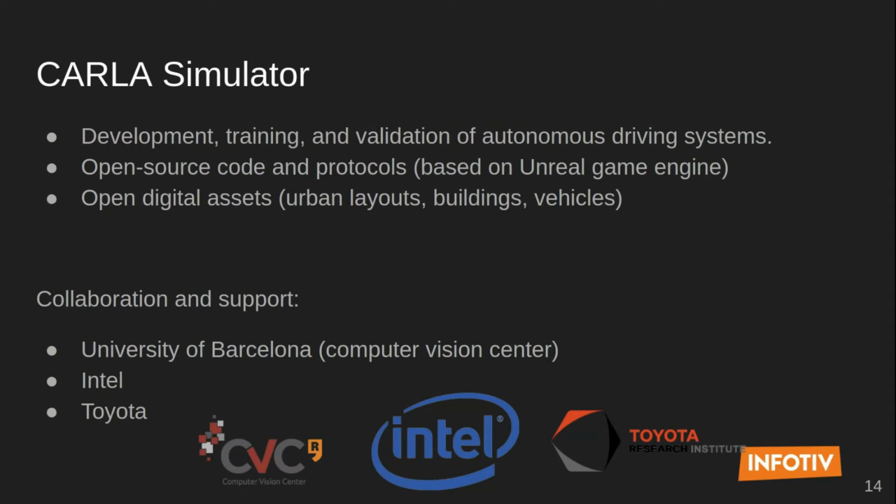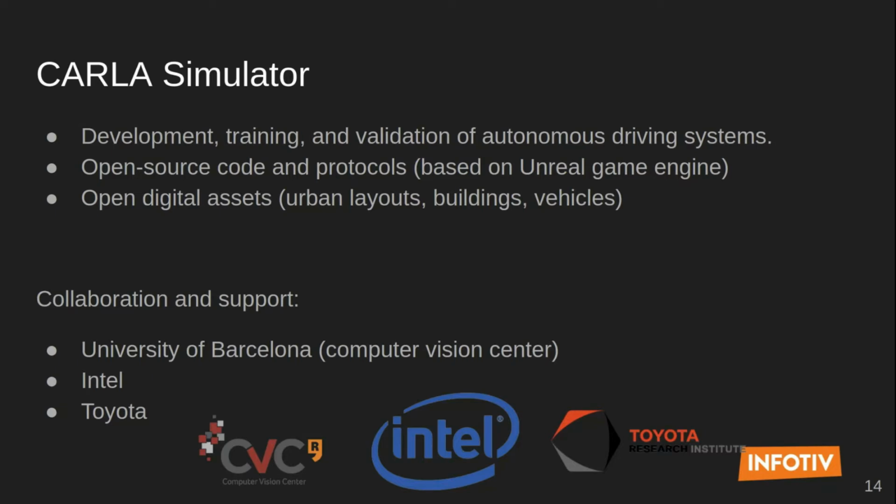So I promised that I'm going to introduce a simulator for this presentation. The simulator that we discuss in this presentation is called CARLA. CARLA's goal is to mimic driving in the real world, and it has been developed from the ground up to support development, training, and validation of autonomous driving systems.